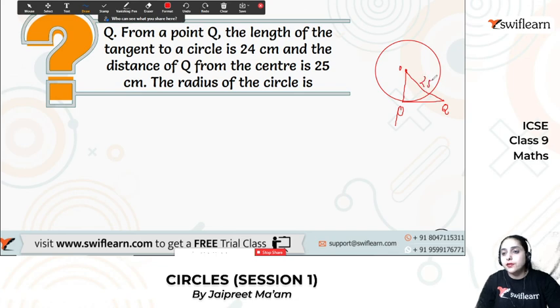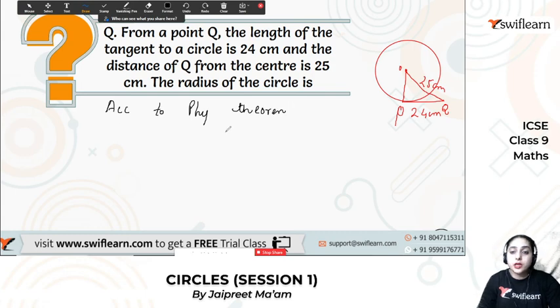So this is 25 centimeter given, and this is 24 centimeter given. So according to Pythagoras theorem, you have to mention which theorem you are using, it's very important, you have to mention how you are solving the question. So you have to find the perpendicular, right?